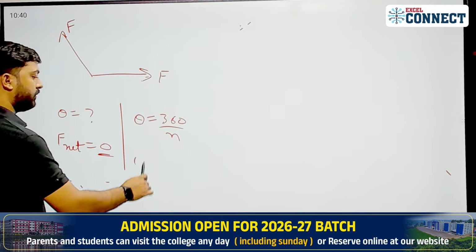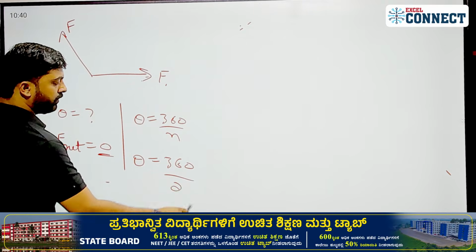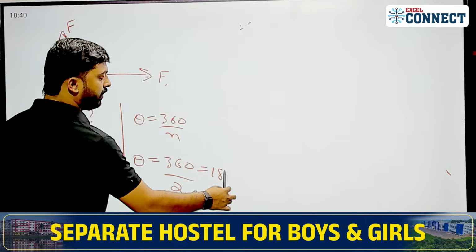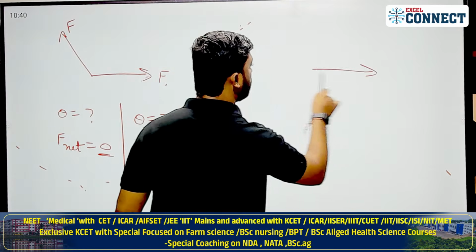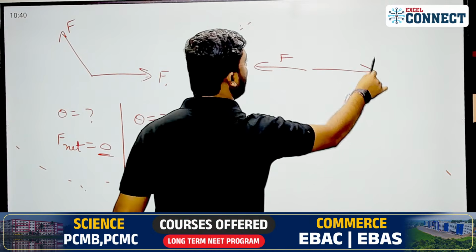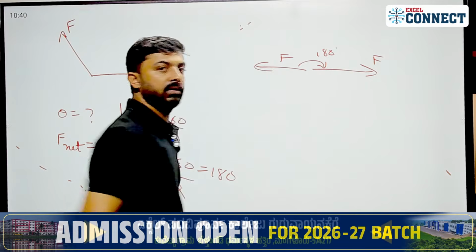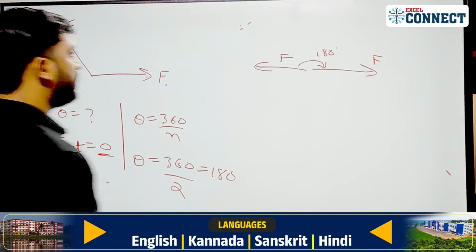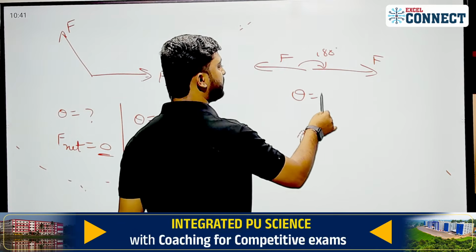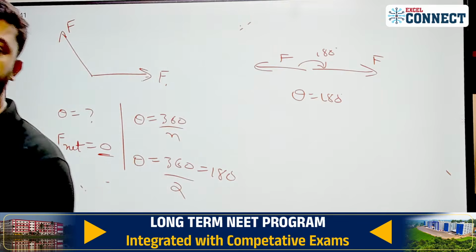So 360. What is the number of forces here? 2. So the answer will be 180, right? So if there are 2 forces, the angle between them should be 180, right? If 2 vectors are in opposite direction, what is the angle? It is 180 degree. Here net force will be 0, right? I hope this is clear.